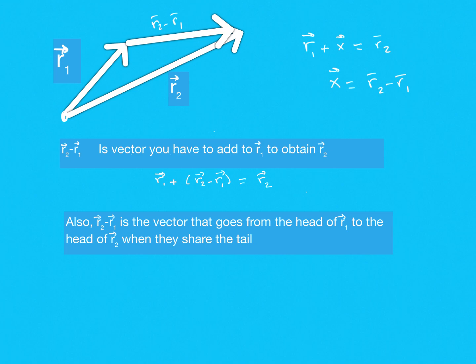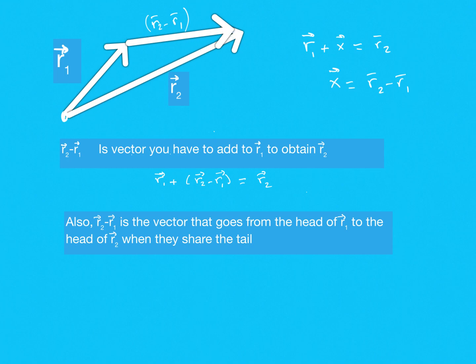The other way to say the same thing is to say that R2 minus R1, this vector, is the vector that you have to add to R1 to obtain R2. It's correct.